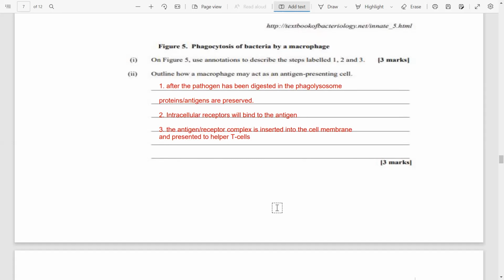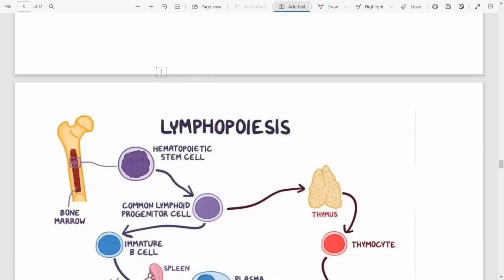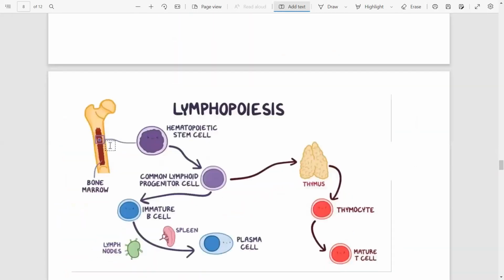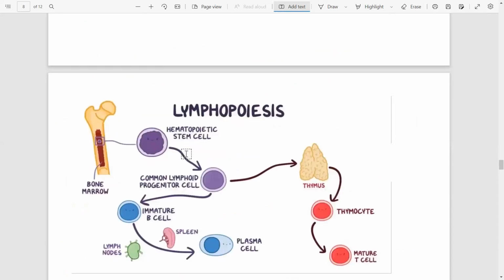All right, so this one now I kind of include to show you how B cells and T cells are formed and how they mature. So our bone marrow creates the original stem cell. It's called a hematopoietic stem cell.